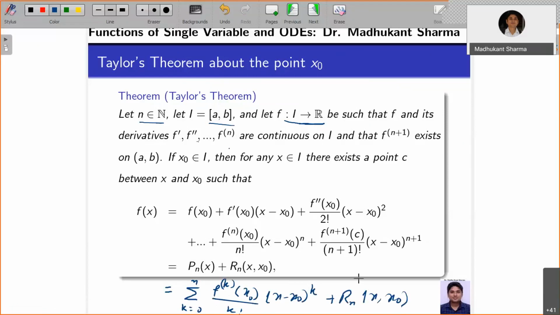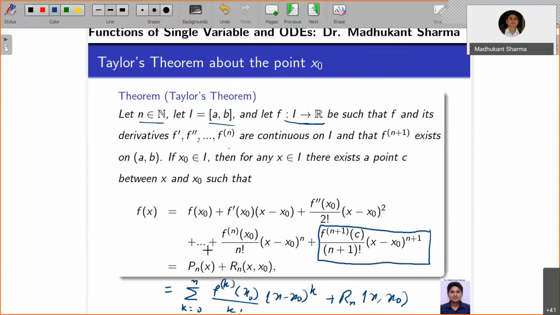This is the remainder after n terms, which is given by this formula, and which is an application of the mean value theorem that you can just refer to in the result. Again, this is going to be an application of the mean value theorem.